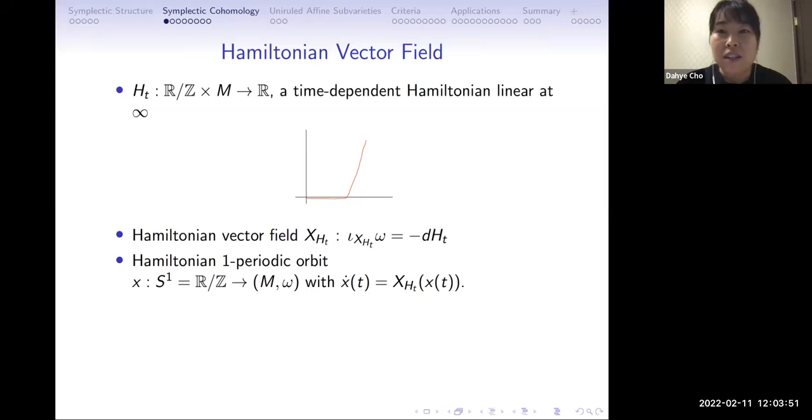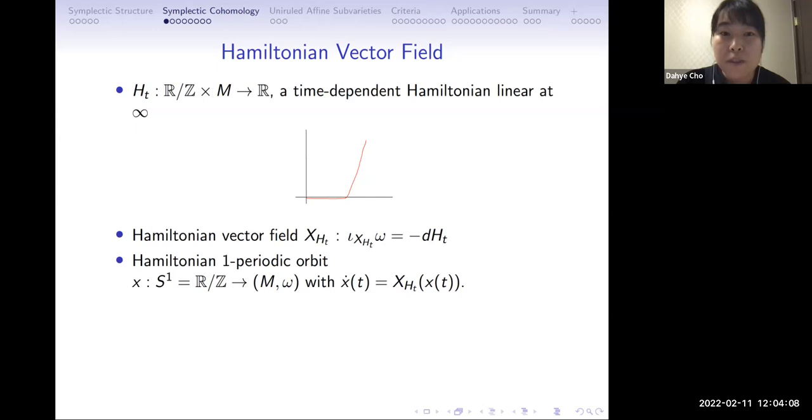That is C2 small inside the interior of the Liouville domain, and linear at the cylindrical end.